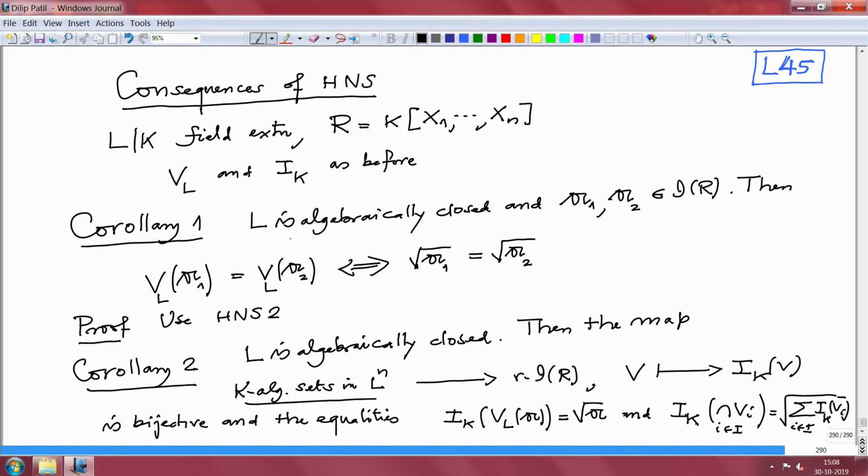So, this equality holds because of HNS2, and this one you just check that it is equality, we have checked it. So, you check it again. So, there is nothing to prove here.